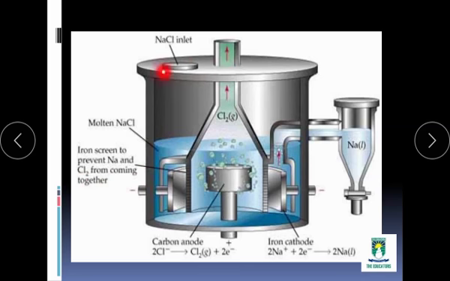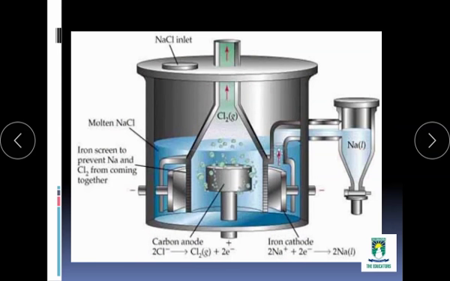This is the inlet of NaCl. The anode is made up of carbon, the cathode is made up of iron, and this whole circuit is used to prepare sodium metal. The fused NaCl produces Na positive and Cl negative ions.